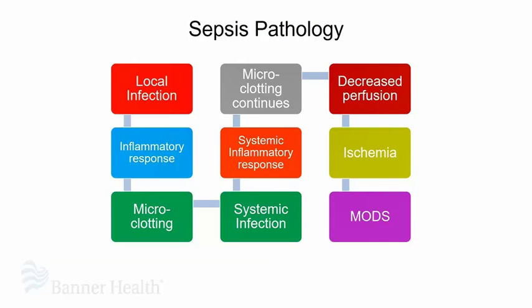That tearing contributes to systemic infection, systemic inflammatory response, which creates a cascade of further microclotting. All of this microclotting and the microvascular tearing at the microscopic level allows fluid shift, which results in decreased perfusion, ischemia, and ultimately multiple organ dysfunction.